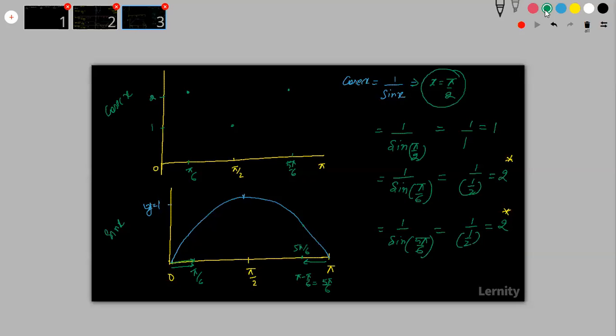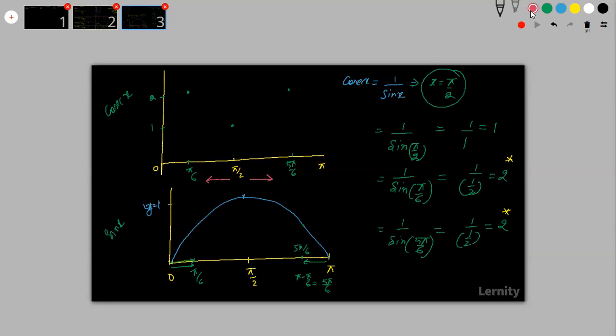Right? So we can see that as we are moving in this direction, or we are moving in this direction, the value of 1 by sine x will be exactly the same. Even if we take pi by 3, even if we take pi minus pi by 3, if I move here and here, we will get exactly the same values, because sine x is symmetric on this side and this side.